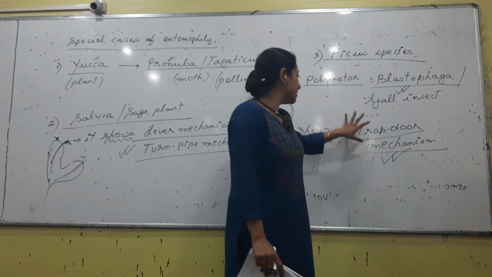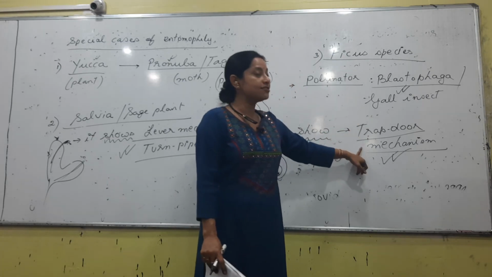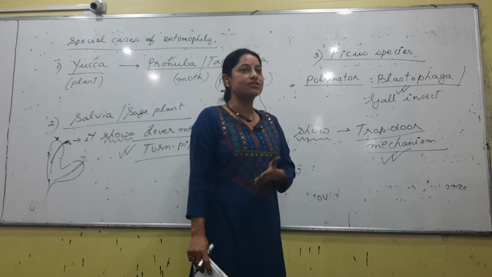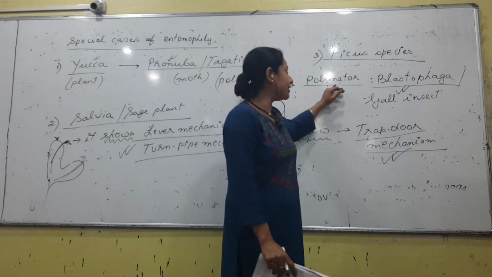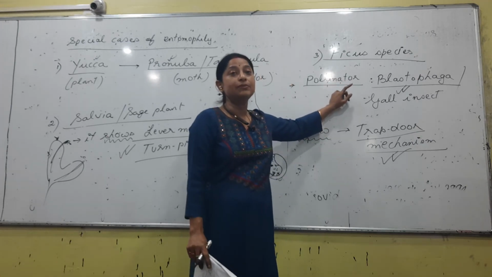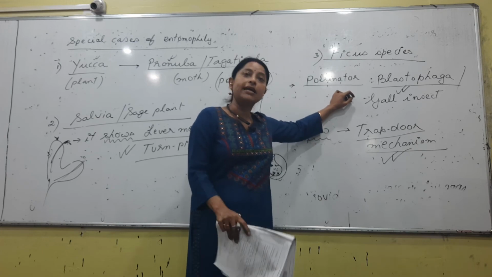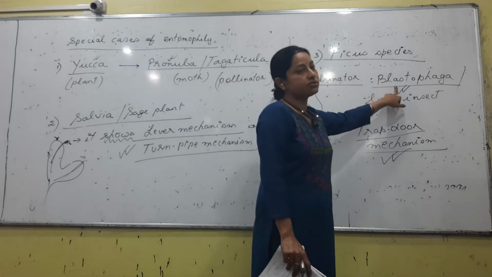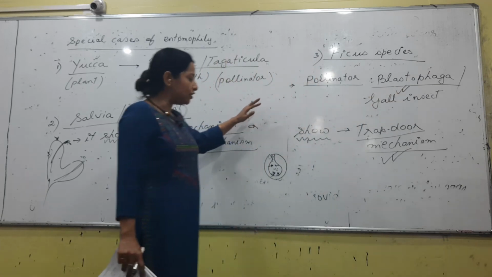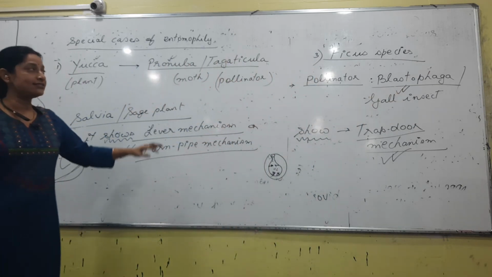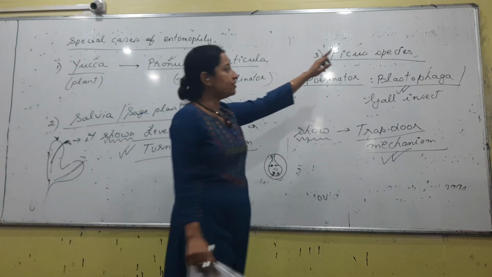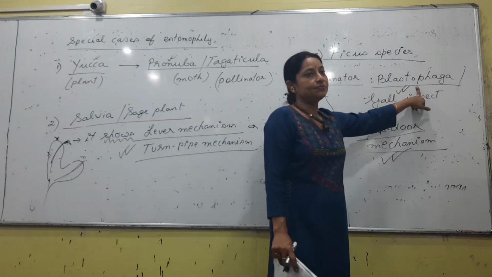Next, in this case the process of pollination is called trapdoor. Question: trapdoor mechanism is a characteristic of dash. It's a characteristic of ficus, and ficus could be anything: Ficus bengalensis, Ficus carica, Ficus religiosa, right, any ficus. And next, this is also important: in some cases the pollinator is needed, in some cases not. In this case you also have to know about the pollinator, clear?